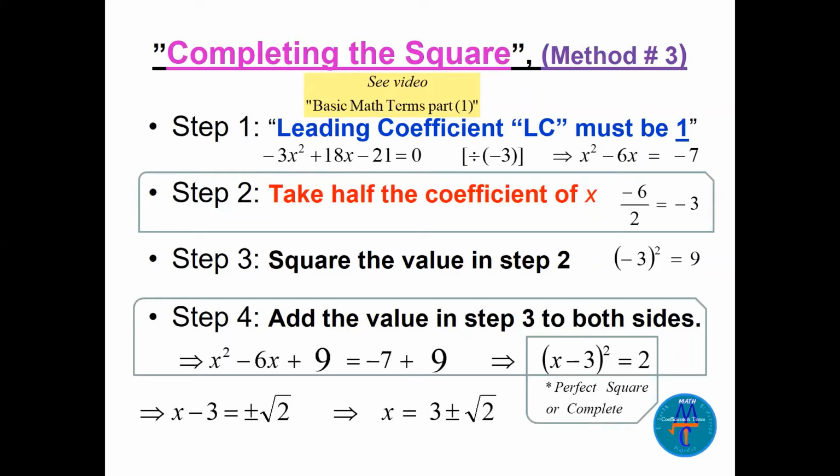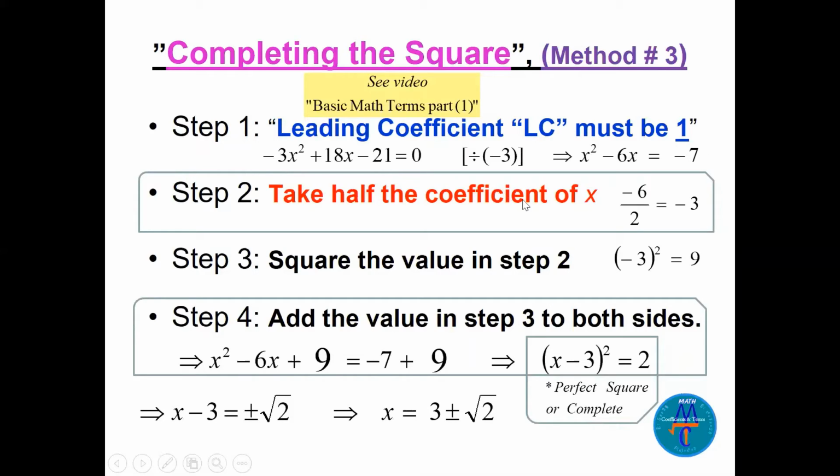So this is minus 3, see? We have to make this leading coefficient 1. So just divide by minus 3, divide by minus 3, divide by minus 3. You get x squared minus 6x is equal to minus 7.